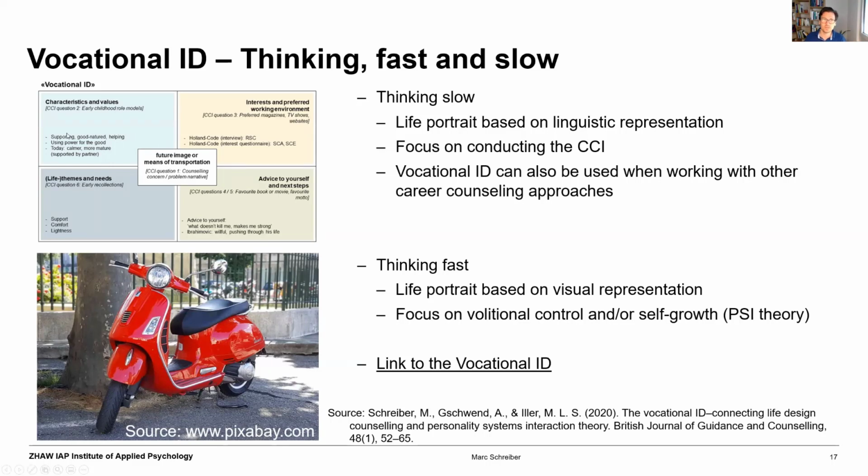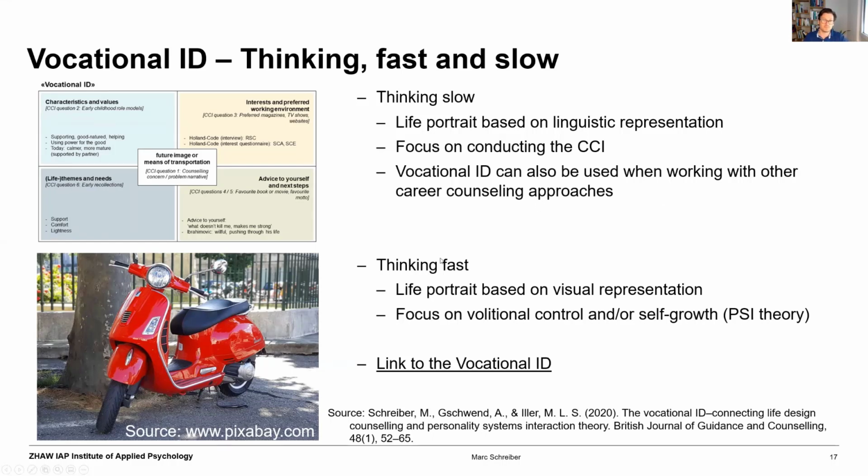Here you see that we work with language, and language corresponds to thinking slow, thinking in details. And it's, for example, focusing on conducting the CCI, but as already mentioned before, the vocational ID can also be used when working with other career counseling approaches.